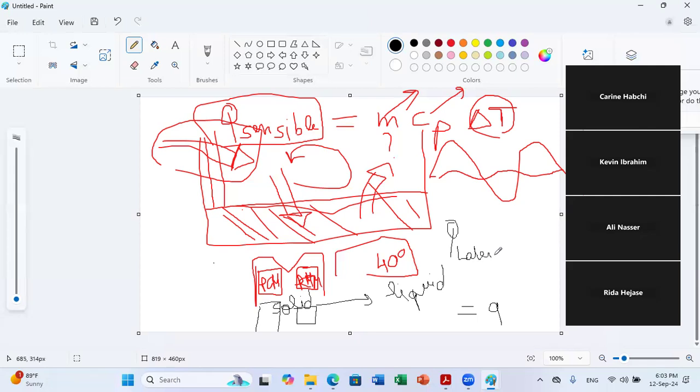is equal to the mass of PCM that I am using times the latent heat, which is a characteristic of the PCM, and what will represent the amount of energy absorbed when I go from solid to liquid. So this will be in joule or kilojoule per kilogram.